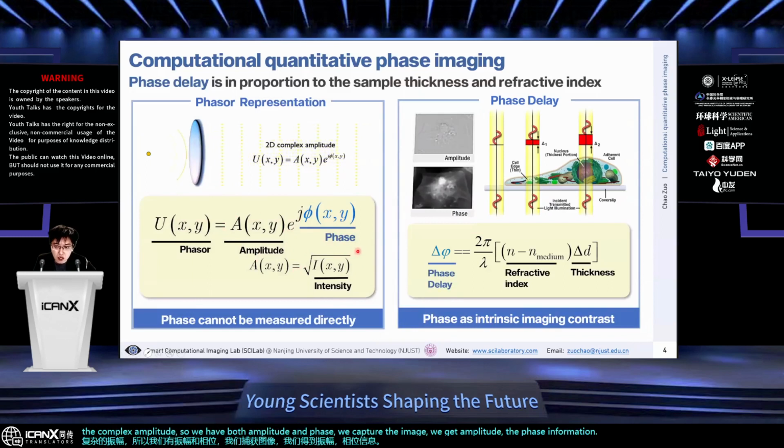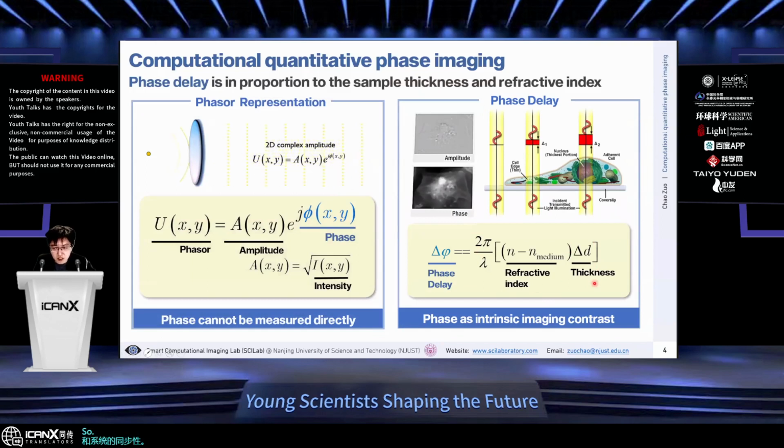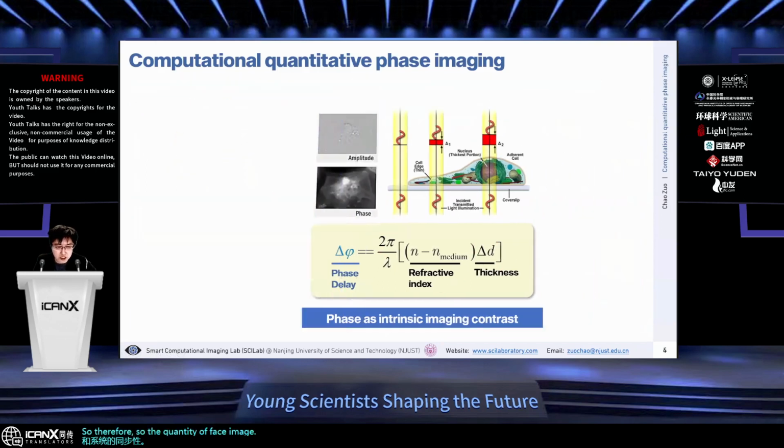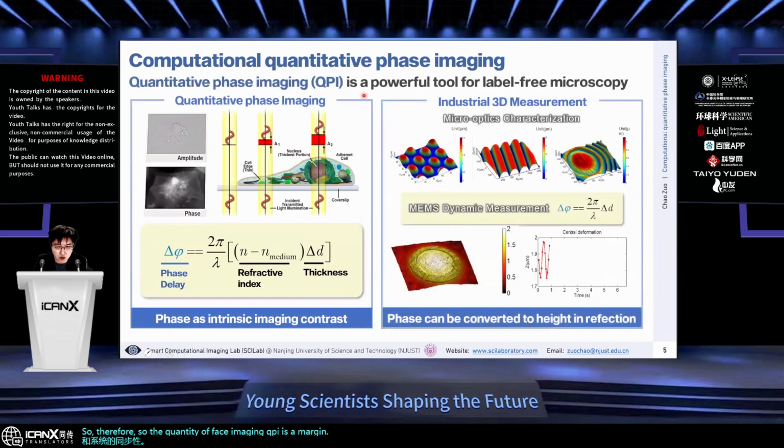Although most living cells and tissues are transparent, they are actually phase objects. When light passes through them, the phase is delayed in proportion to the refractive index and the thickness of the sample. Therefore, quantitative phase imaging, QPI, is emerging as a powerful tool for label-free microscopy.